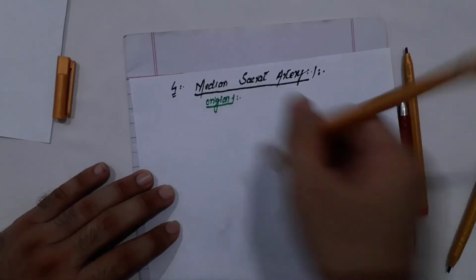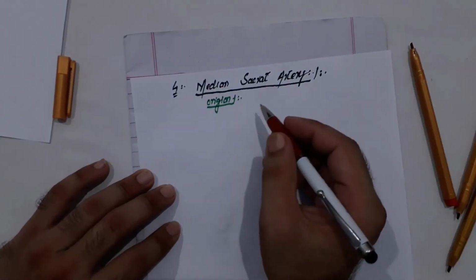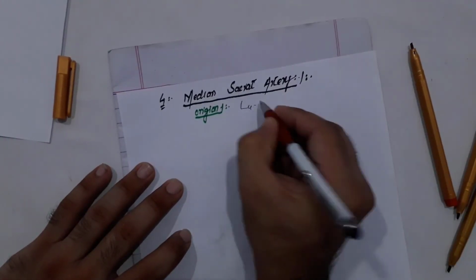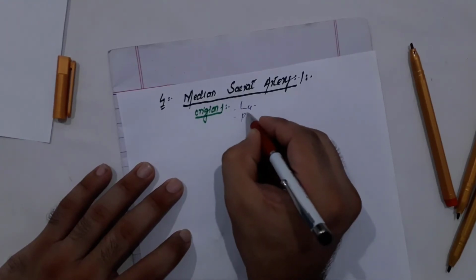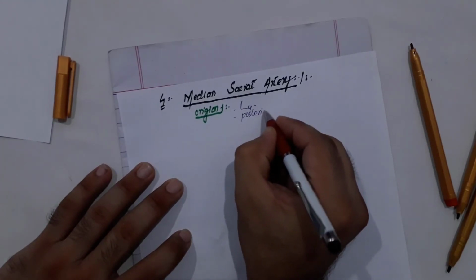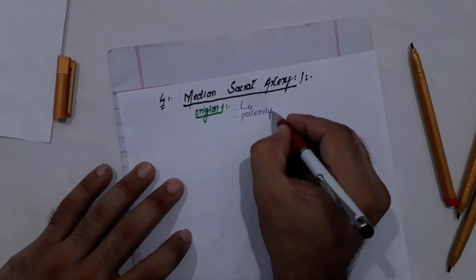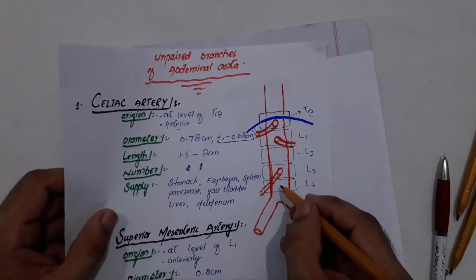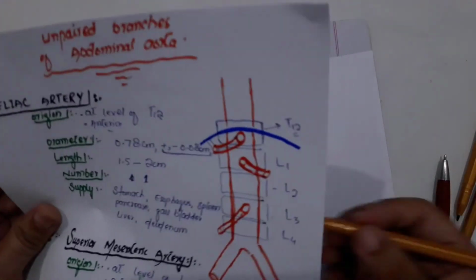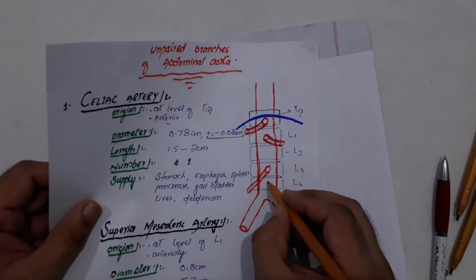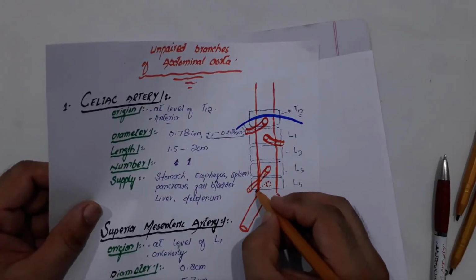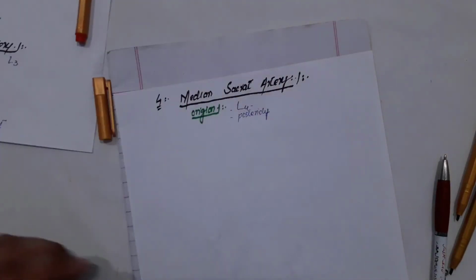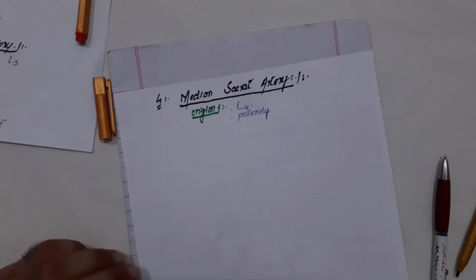So the median sacral artery arises at the level of the L4 vertebra posteriorly, from the posterior side of the abdominal aorta. Let me show you here. At the level of L4, on the back side of the abdominal aorta, there is an artery which arises, and this artery is called the median sacral artery, right. This was its origin point.